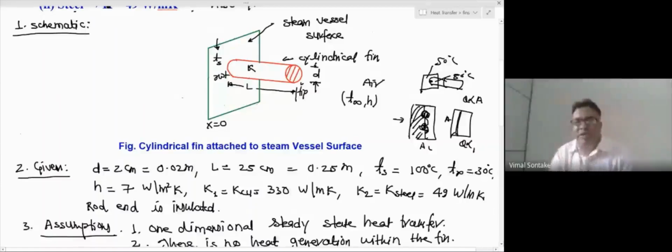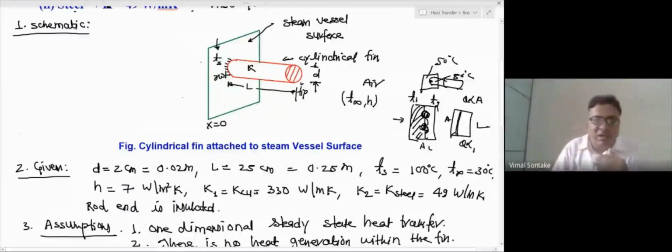And because of this temperature drop, temperature of this surface and temperature of this surface, both will be different. So if I am assuming perfect contact between the steam vessel surface and the fins, this condition will be applicable. No temperature drop, and as a result of this, temperature of the fin at the root will be equal to temperature of the steam vessel surface, isn't it?